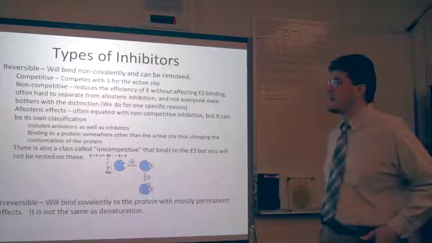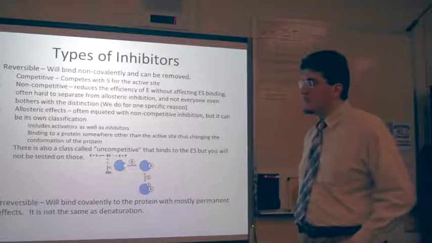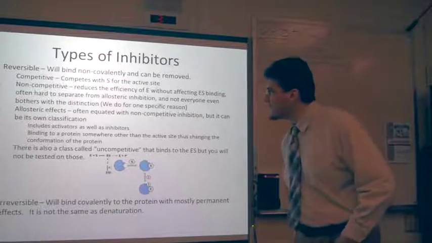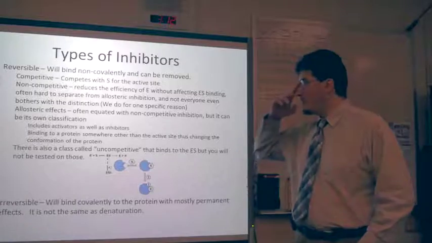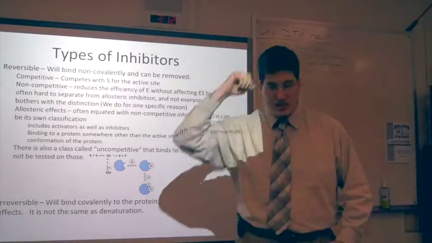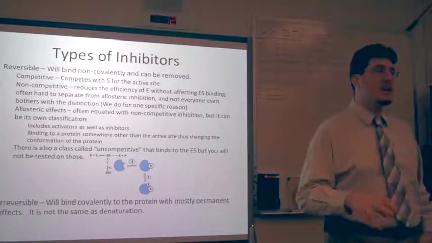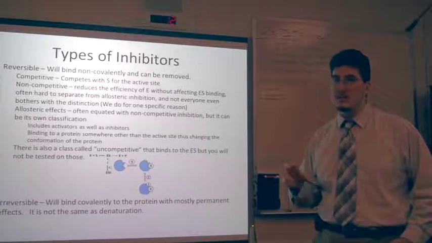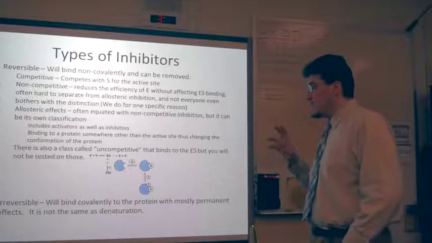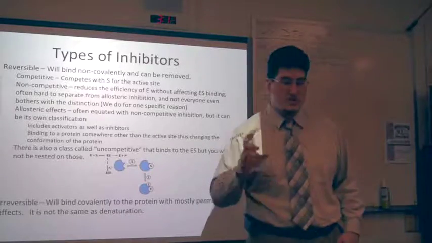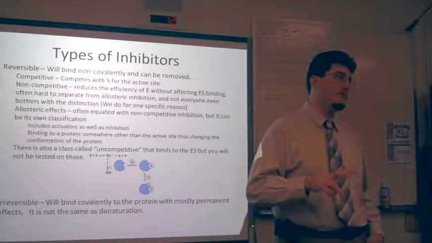A non-competitive inhibitor will reduce the efficiency of the enzyme without affecting enzyme-substrate binding. Oftentimes this gets confused with allosteric inhibition. They are not necessarily the same thing. And this is actually an important distinction specifically for Cambridge.